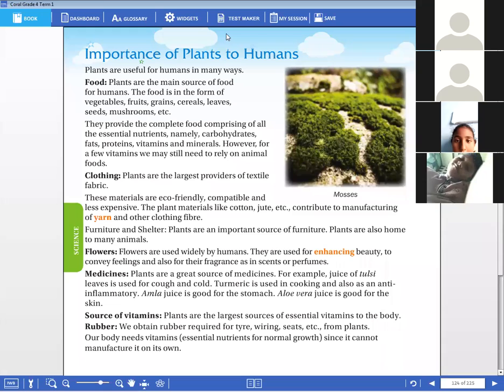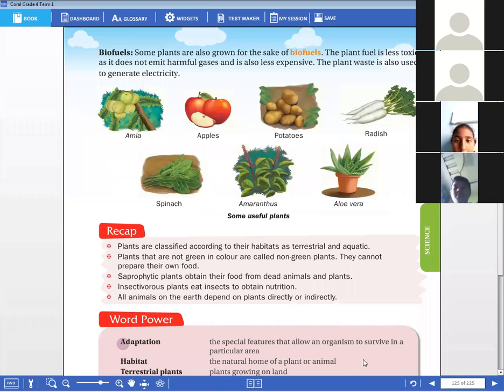Those are also prepared from naturally extracted rubber. Seat covers of some vehicles are also made with natural rubber. So this rubber is also extracted from plants, children.